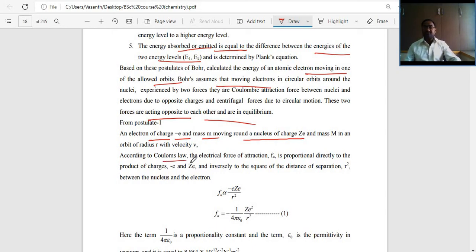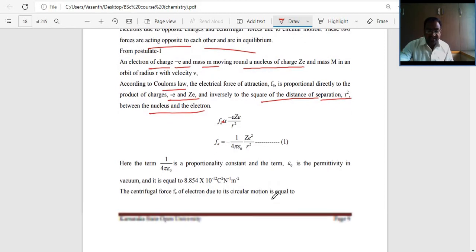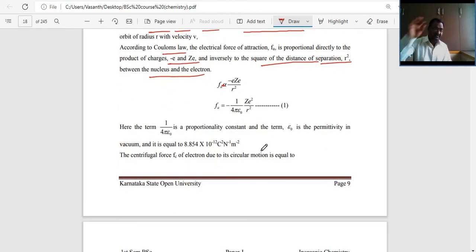According to Coulomb's law, the electrical force of attraction is proportional to the product of the charges, Z into e, and inversely proportional to the square of the distance of separation, r square, between the nucleus and the electron. This is the mathematical expression of the force of attraction between nucleus and electron.